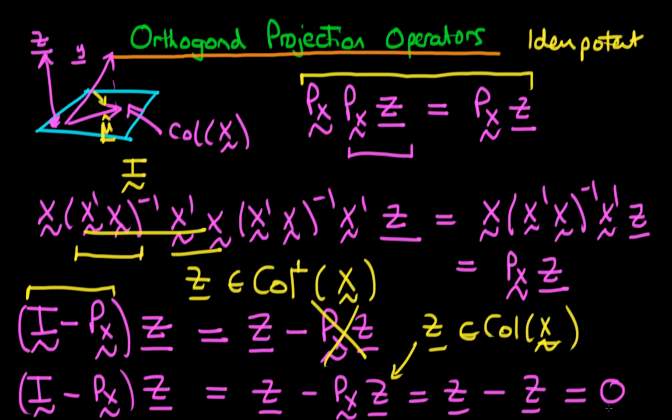That means we get 0 out when we operate using I minus Px on Z.